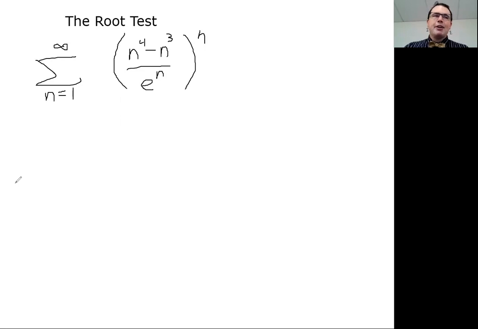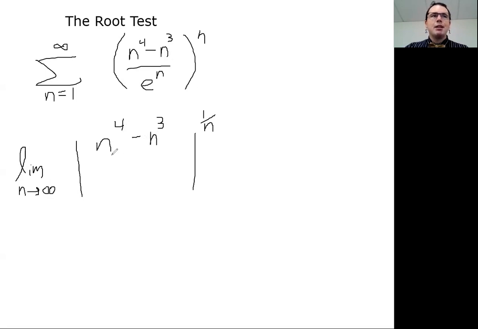So once again, I'll be calculating a limit as n goes to infinity, and I take the nth root of the absolute value of this formula. So this time I do have subtraction in the numerator. That's something to be aware of.